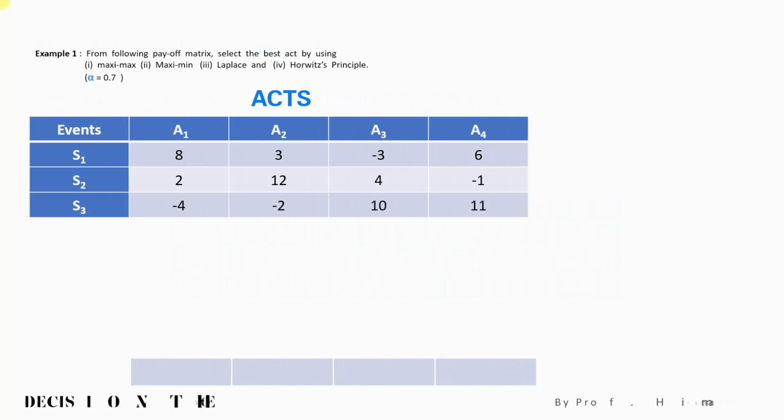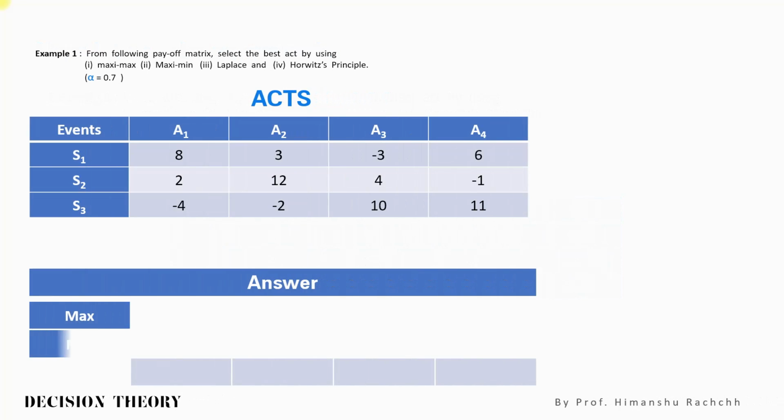Now for each act we decide maximum and minimum payoff. See, for act A1 maximum is 8 and minimum is -4. For the second act A2 maximum payoff is 12 and its minimum payoff is -2.